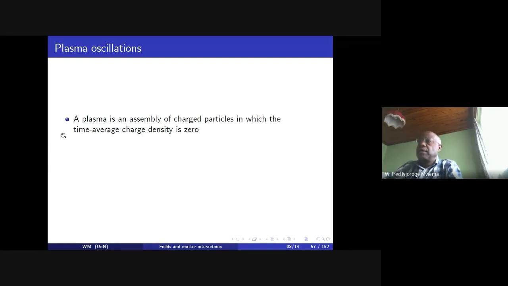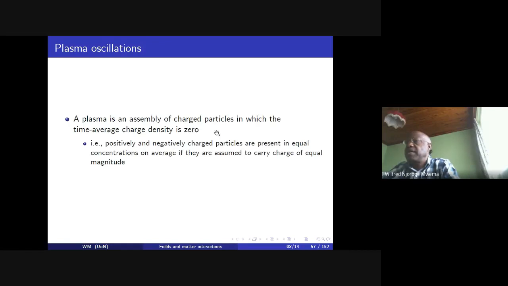So we can say that a plasma is an assembly of charged particles in which the time average charge density is equal to 0. That is, positively charged particles and negatively charged particles are present in equal concentrations on the average, and they are assumed to carry charge of equal magnitude, so to speak.